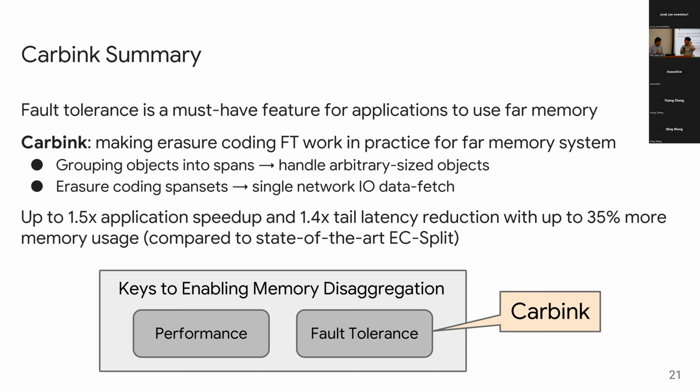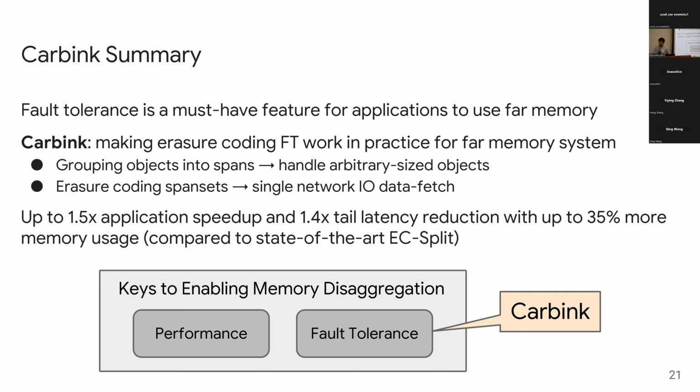So, is there a slide? No, there's not. Okay. I have a question about the performance. This performance is comparing to EC split, right? Yes. Do you have other baselines? For example, this is all based on remotable pointers, AIFM.